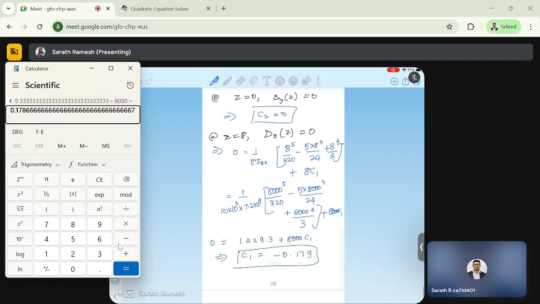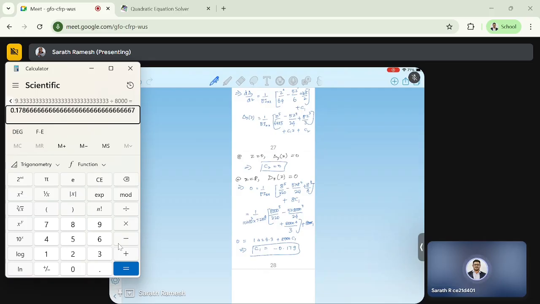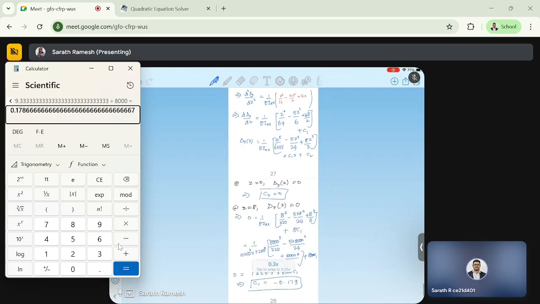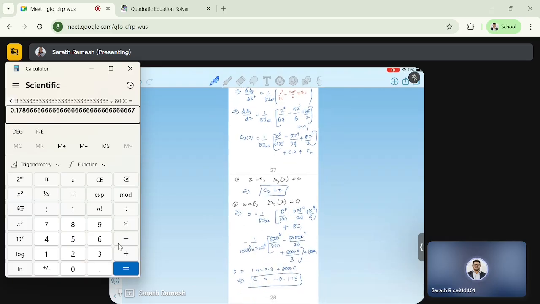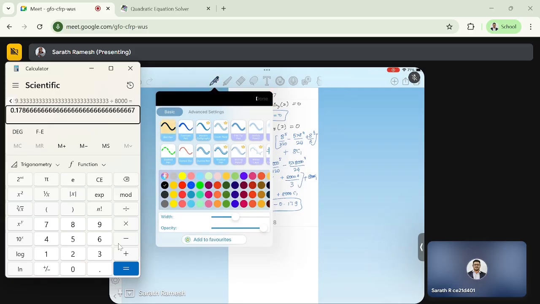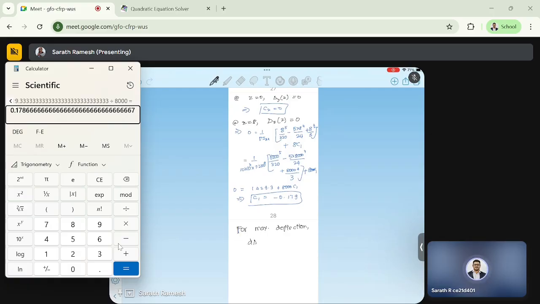Okay, done. So we now got the deflection equation as well as the rotation equation. Now we need to find the maximum deflection. Also, we need to find the slope. So we know for maximum deflection, d delta y by dx must be equal to 0, right?